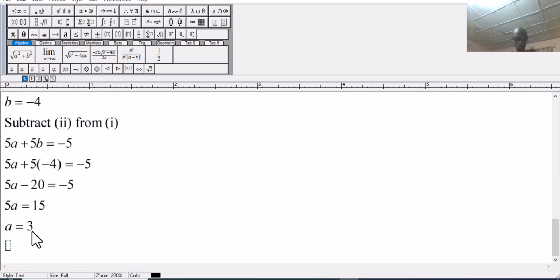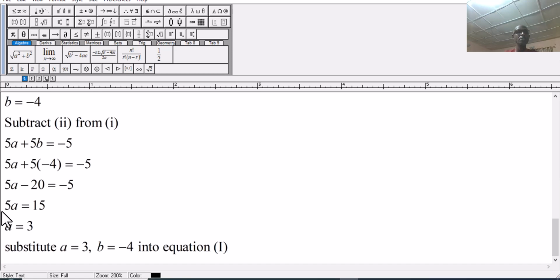So substitute a equals to 3, b equals to minus 4, into equation 1, or any one. You can pick any one.